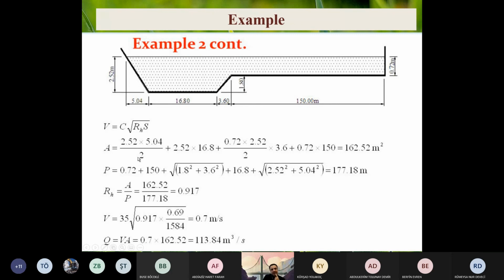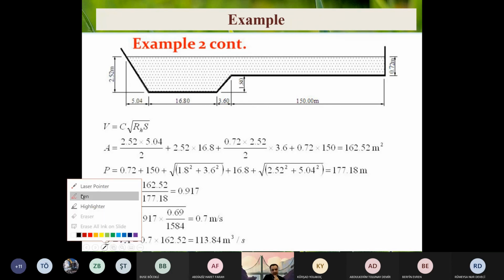Okay, let's calculate the cross-sectional area. What is the cross-sectional area here? The summation of this trapezoid plus this rectangle. It gives you the cross-sectional area. Then we need the wetted perimeter. Where is our wetted perimeter? This is our wetted perimeter.